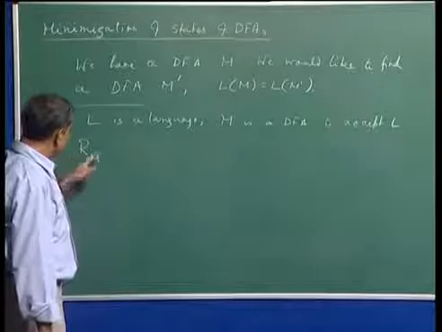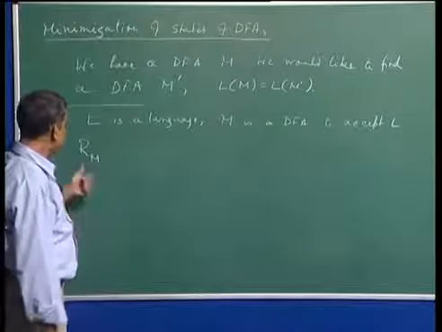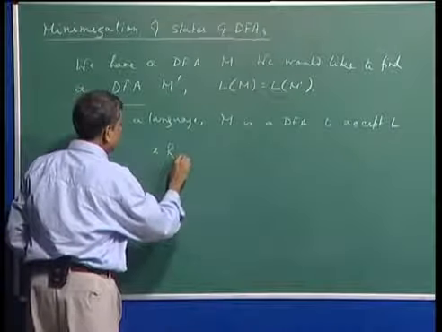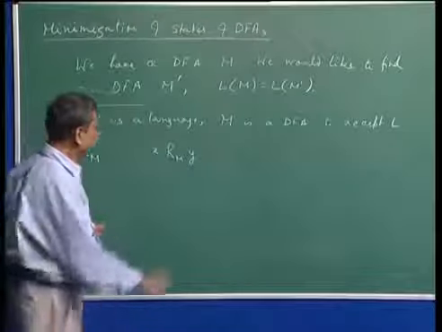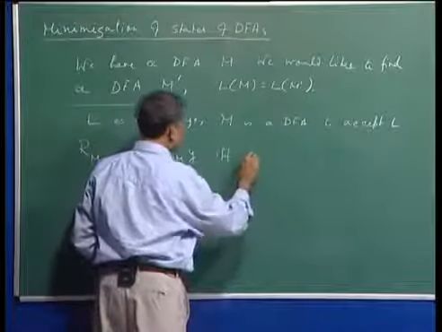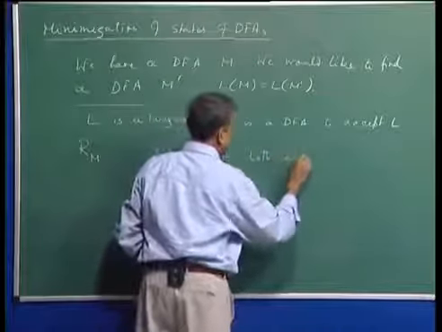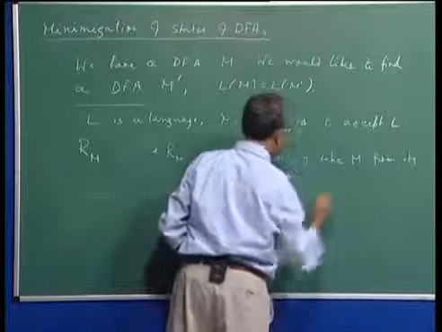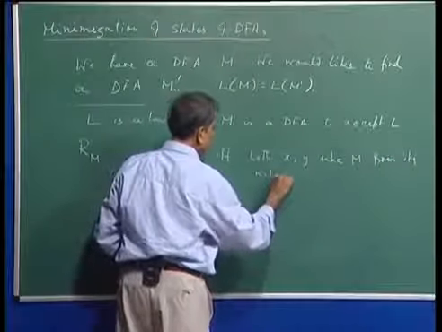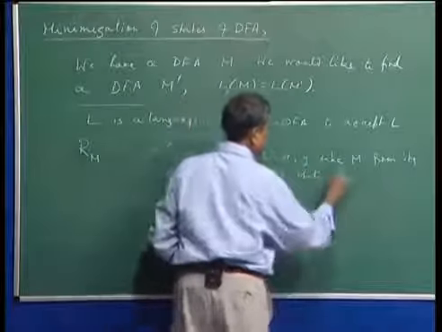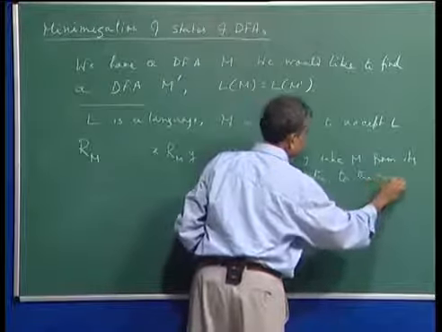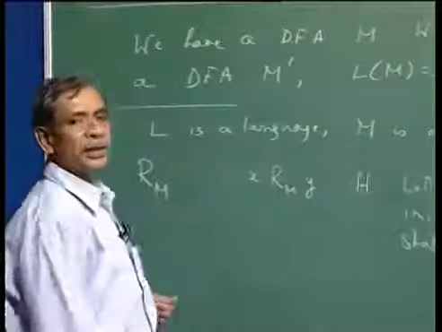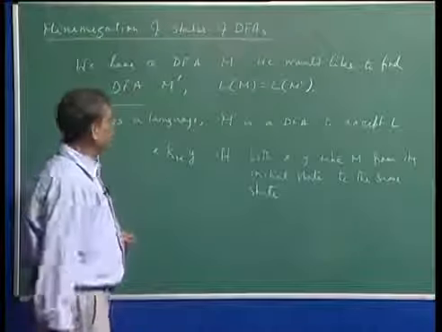Starting from this machine definition M, we said that two strings x and y are related by this if and only if both x and y take M from its initial state to the same state.